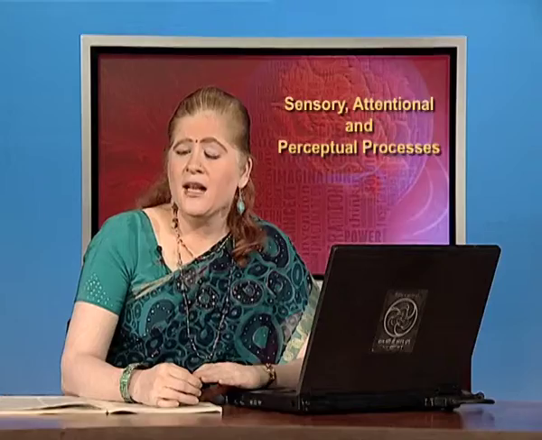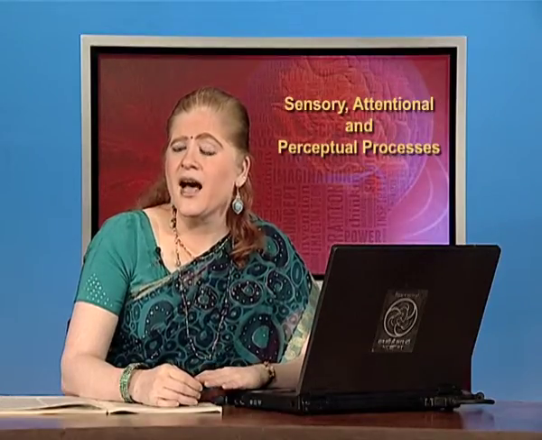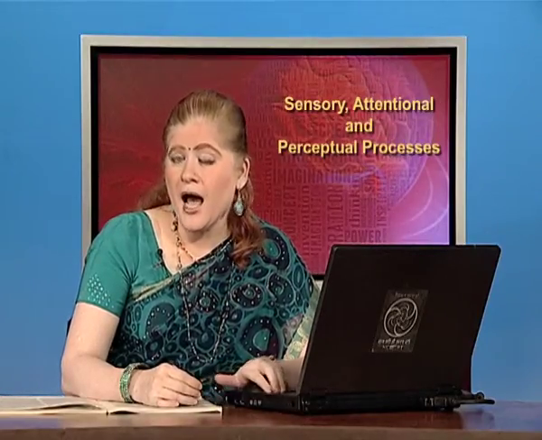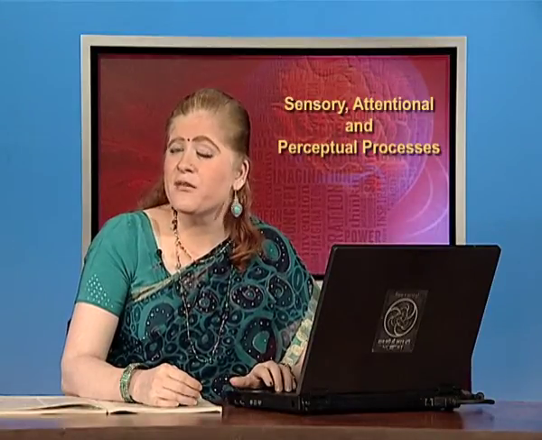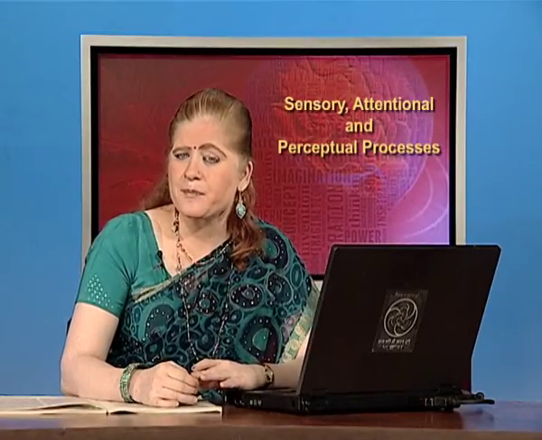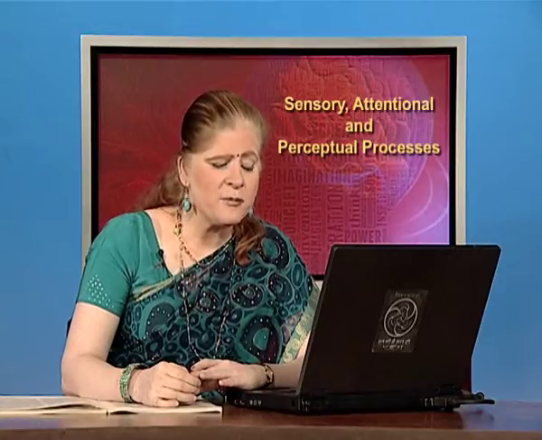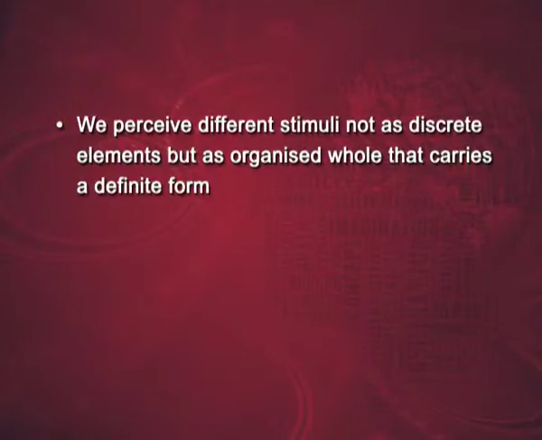They say that we deal with things as a whole and a whole is different from the sum of its parts. So the Gestalt approach is that we perceive different stimuli not as discrete elements but as an organized whole that carries a definite form.